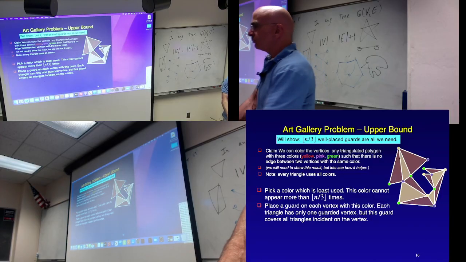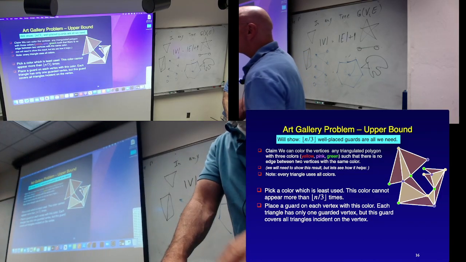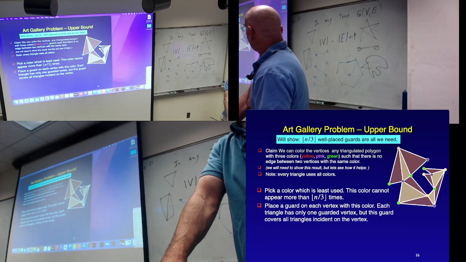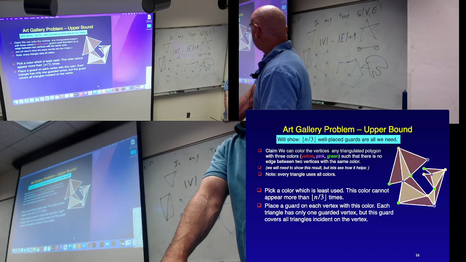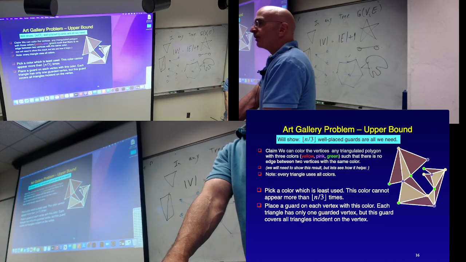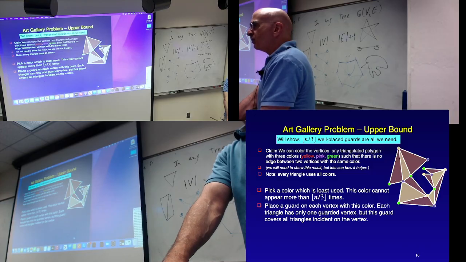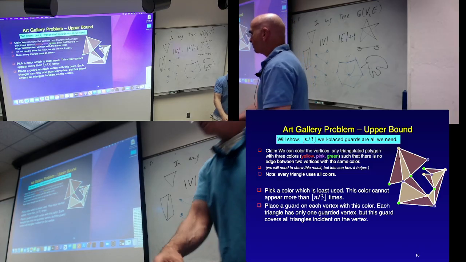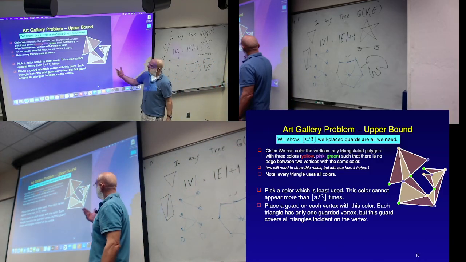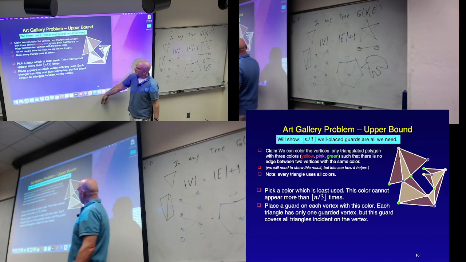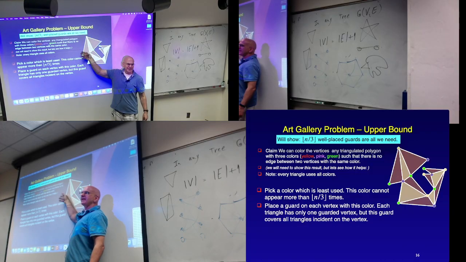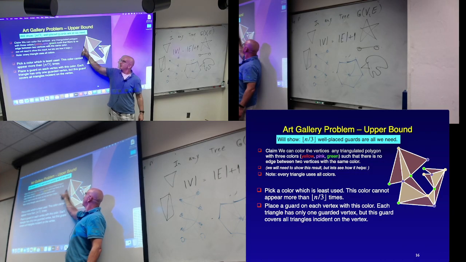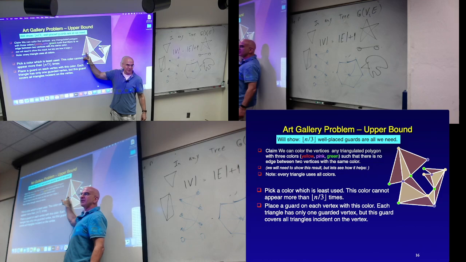Okay, so what was left for next meeting is to prove this theorem. Why do I need only n over 3? The proof is similar to the induction we just did. What we'll do is basically say, I can remove an ear, a triangle that has two edges of the original polygon.